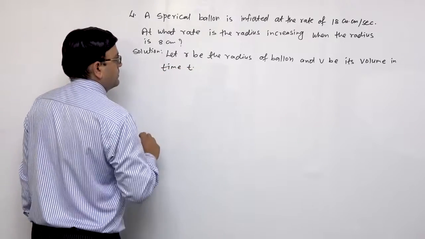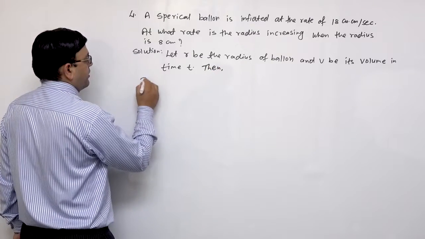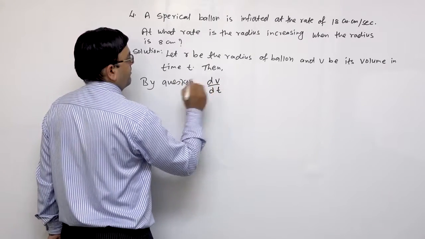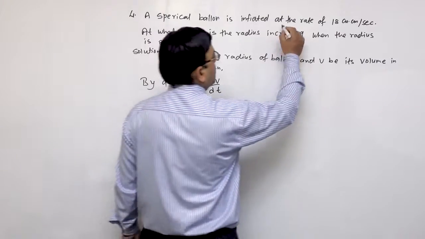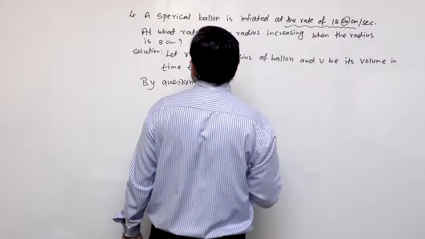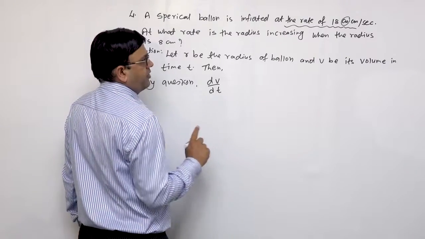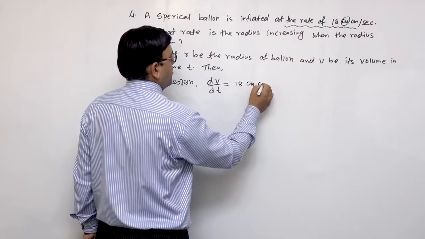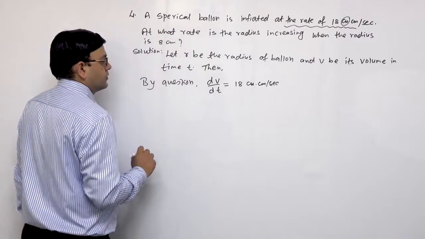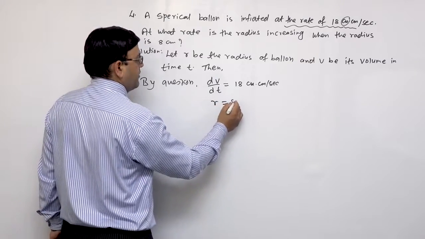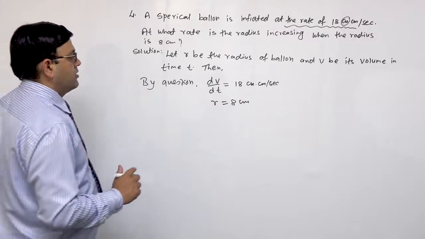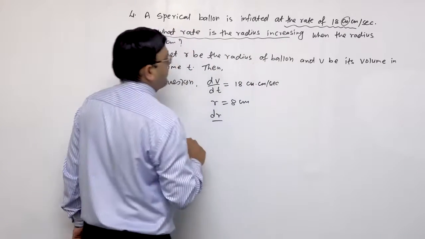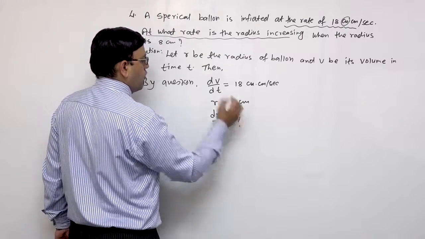Then by the question, dv by dt is equal to, at the rate of 18 cubic centimeter per second. This cubic means this is volume. So dv by dt is equal to 18 cubic centimeter per second. But we have r is equal to 8 centimeter, and at what rate is the radius increasing, so dr by dt is equal to what?